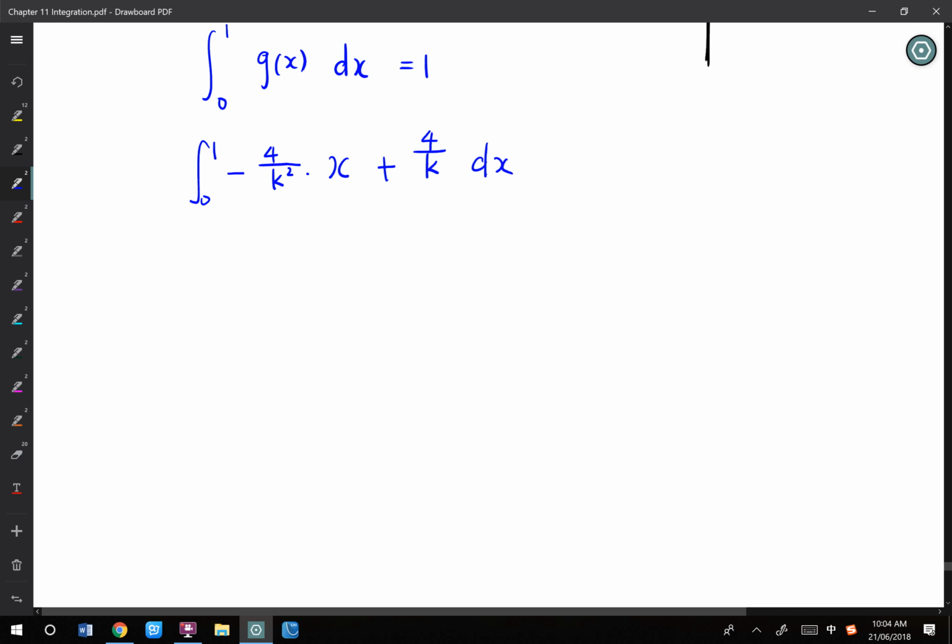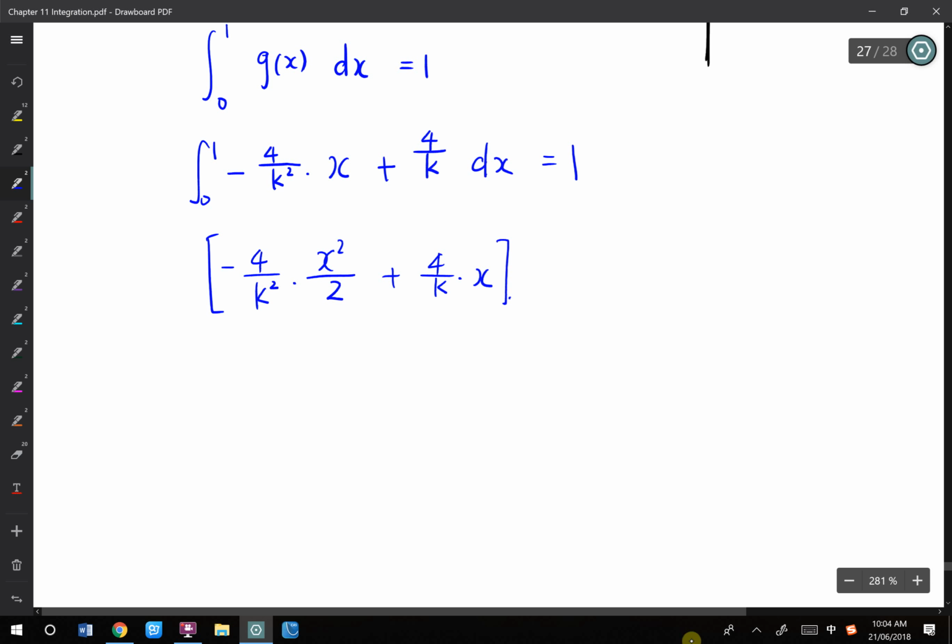So we integrate that and it will give me 1. This is a constant, we make it stay there. And x becomes x to the power of 2 divided by 2. And 4 over k is a constant, so we times that by x. 0 to 1, that gives you 1.